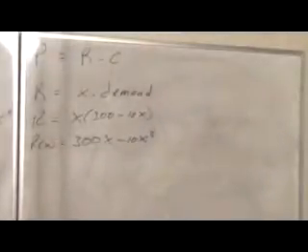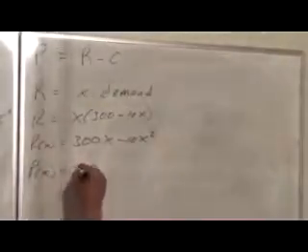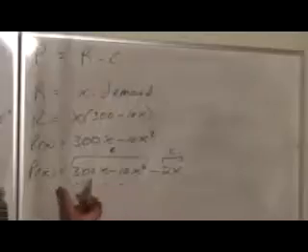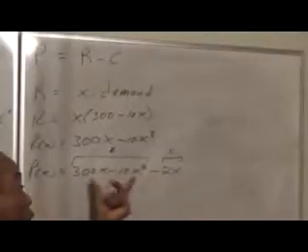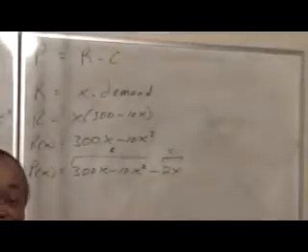Now back to the profit function. The profit function is the revenue function minus the cost function. So let's put the cost function in there so we can have the profit function. So our profit will be our revenue function using the current price minus the cost function with the current price.